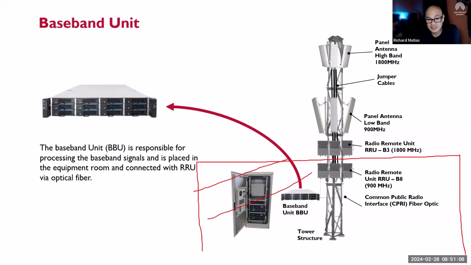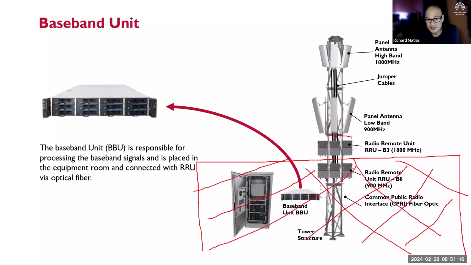So you cannot see this. What you can see most of the time is the antennas, and if you're lucky enough, you will see some part of the RRU. But the baseband unit you cannot see because of the height of the fence.